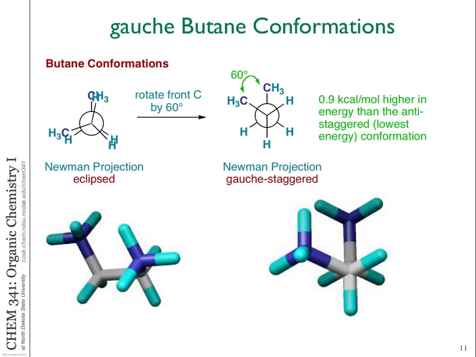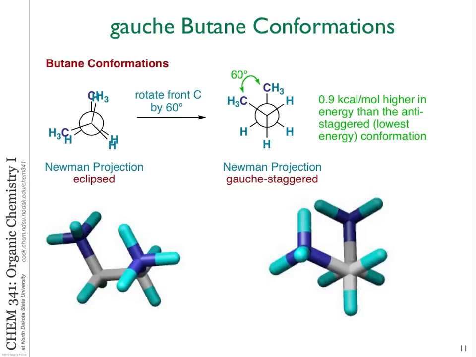Here's another term for you. Lots of terms when we talk about these. When we have the staggered conformation, where these groups are coming closer together rather than being on opposite sides, this is referred to as the gauche butane conformation, or the gauche staggered. It's still staggered, but gauche meaning these groups are coming closer together.